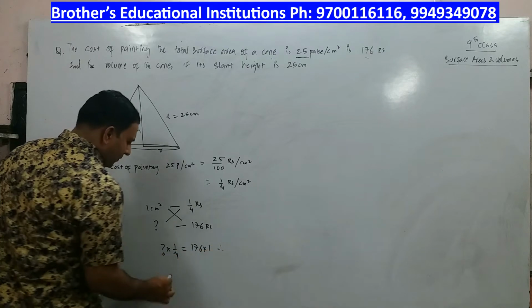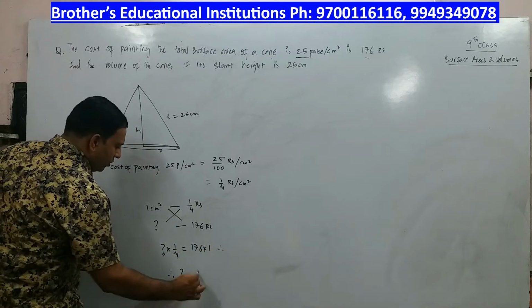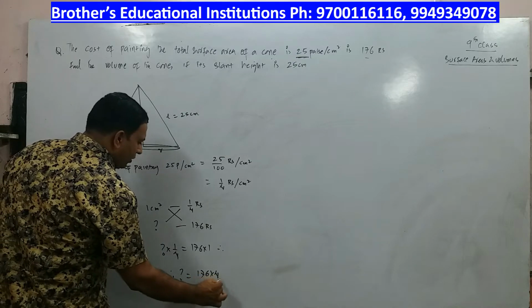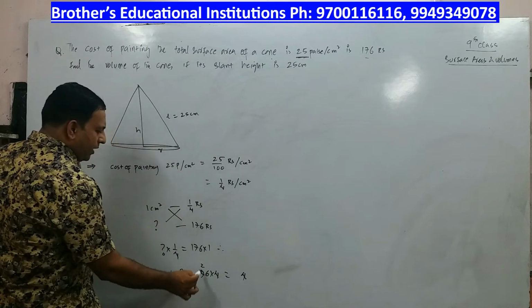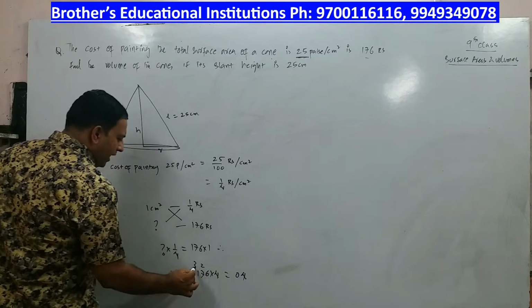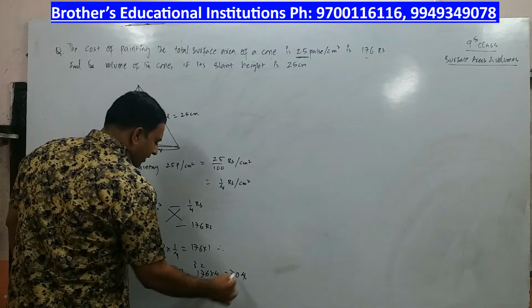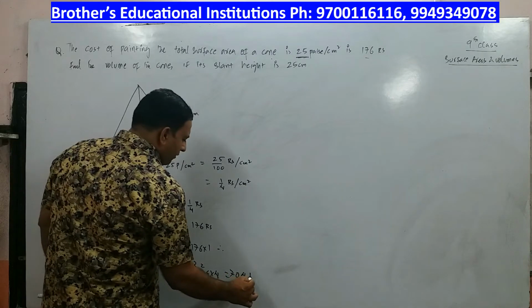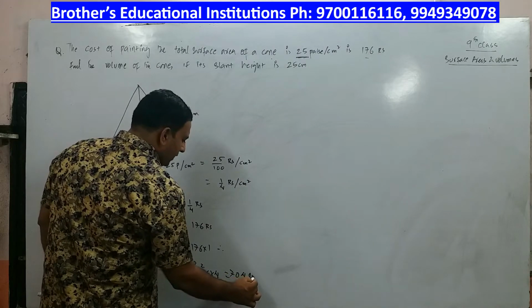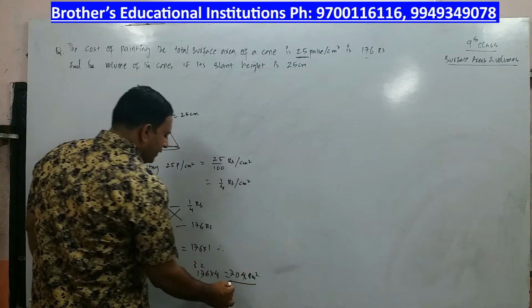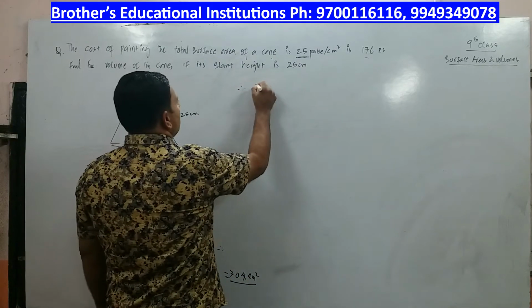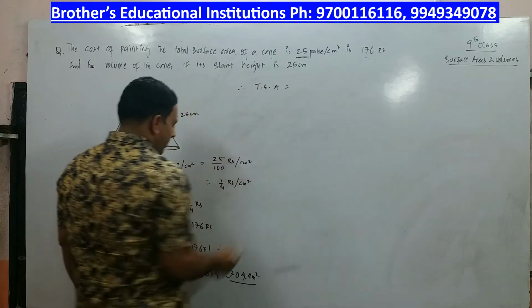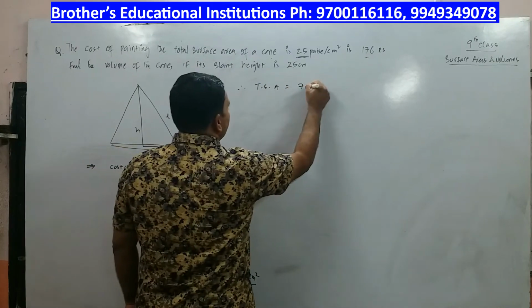So therefore question mark is equal to 176 into 4, which will be 704 centimeter square. That is the total surface area.